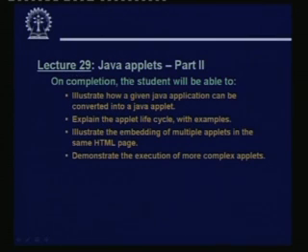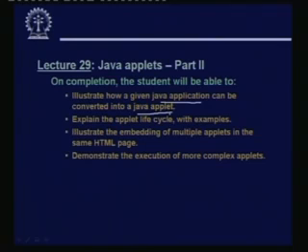In the next lecture, Java applets part 2, we illustrated first how a Java application can be converted to an applet, because it is quite possible that whatever you are trying to embed in HTML is already available in the form of a Java application. So, first you will have to convert it into an applet. This was illustrated. What are the different steps to be followed, what are the different rules you must use, and the so called applet life cycle.